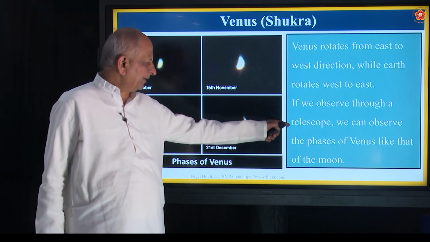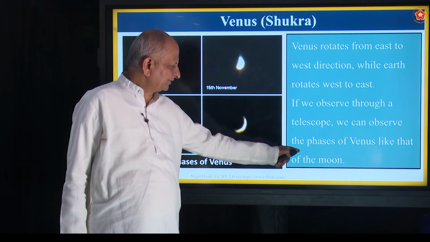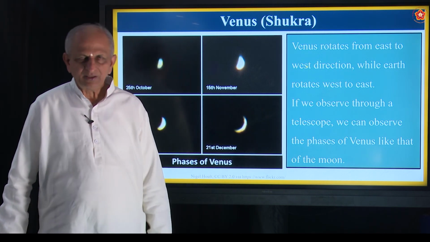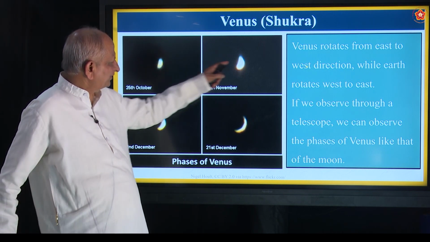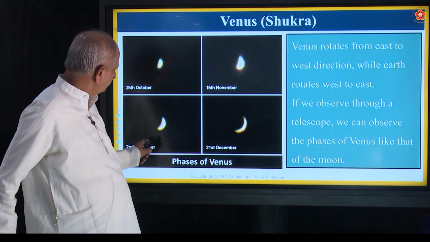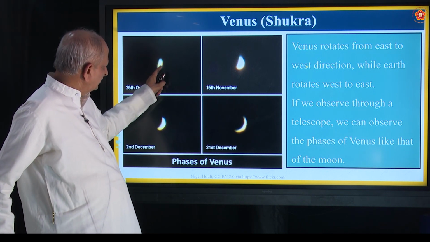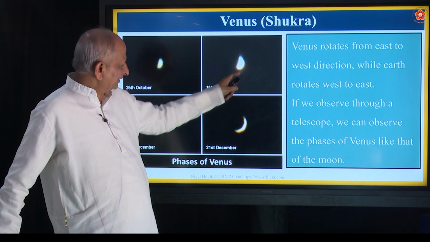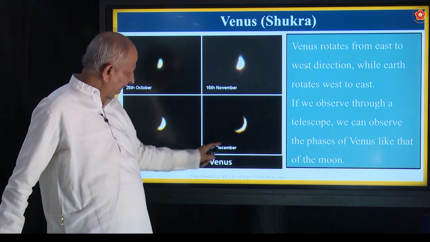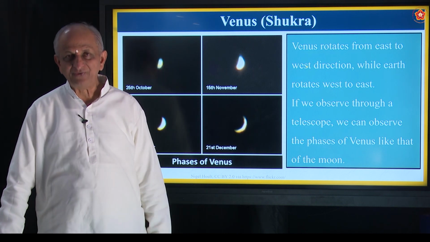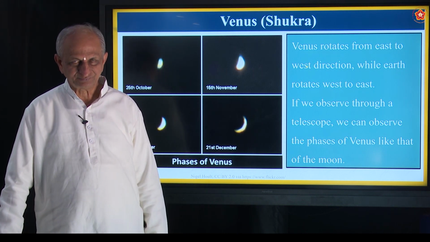If you observe through a telescope, we can observe the phases of Venus like those of the moon. These are called phases of Venus. On 25th October it looks like this, 15th November it looks like this, 2nd December it looks like this, 21st December it looks like this. They are called phases of Venus.